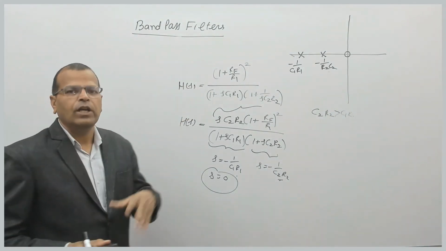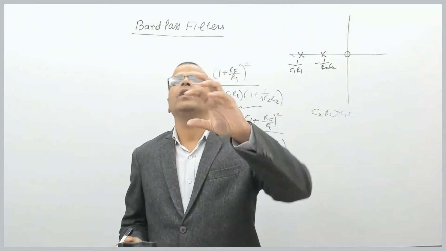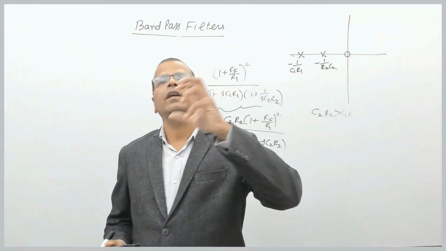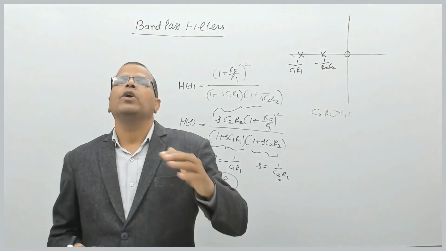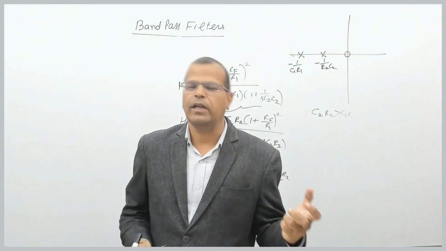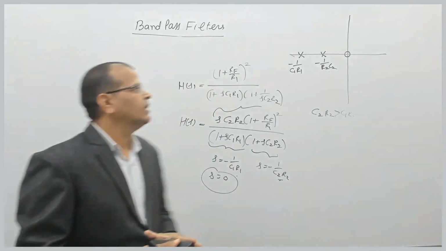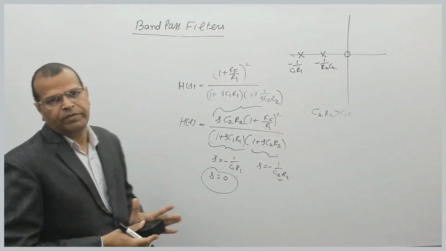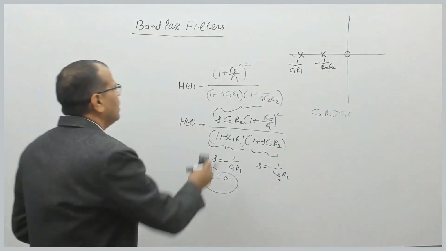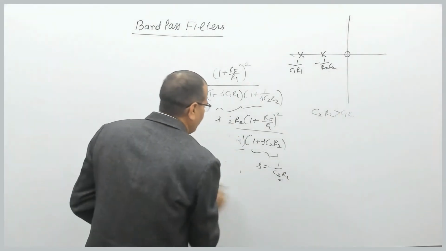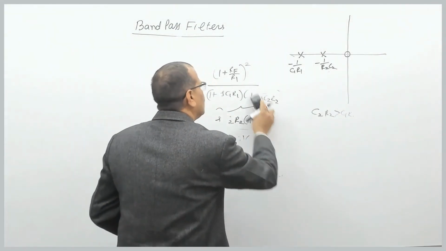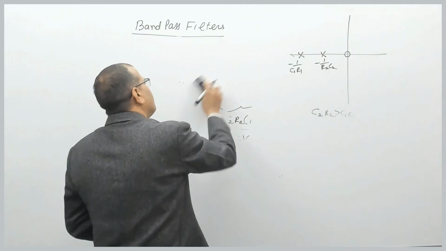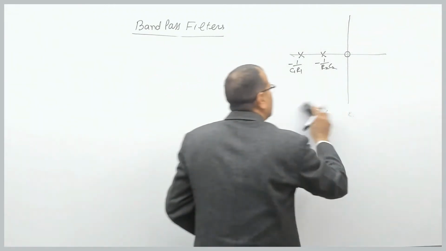So what have we seen? We have seen the frequency response, the condition of filtering, the transfer function, the overall gain in terms of frequency, and of course the overall analysis of the filter. That is the wide band pass filter. But this was the case of which mode?